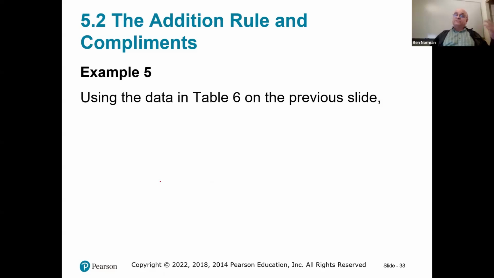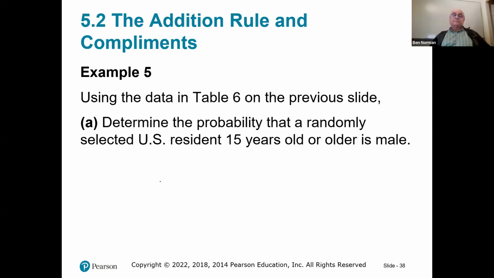Using the data in table 1 from the previous slide, A, determine the probability that a randomly selected U.S. resident 15 years old or older is male.